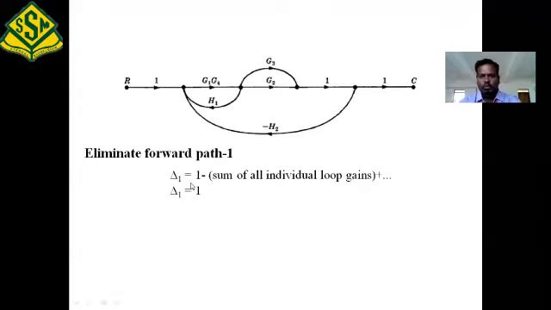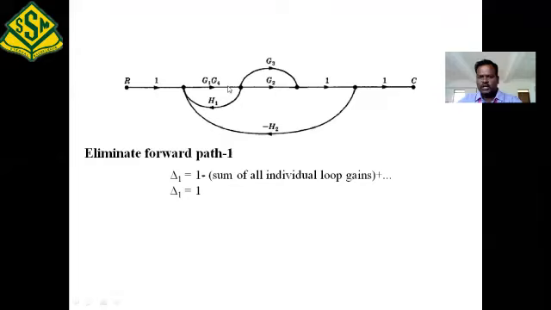In order to find the del 1 value, you must look into path 1, P1. Path 1 is nothing but the horizontal line. Look at the heading here: eliminate the forward path 1. It's very simple. Del 1 is 1 minus the summation of individual loop gains that are not touching the corresponding forward path. Look at this diagram. This is forward path 1. Do you find any loops that are not touching the horizontal line?